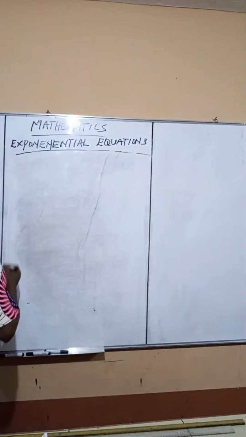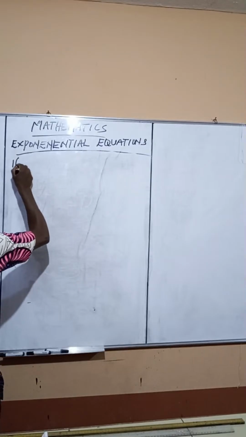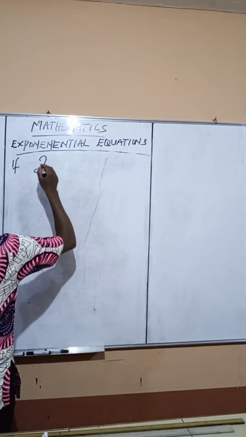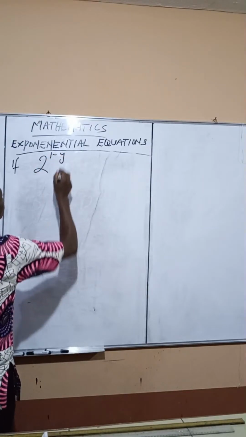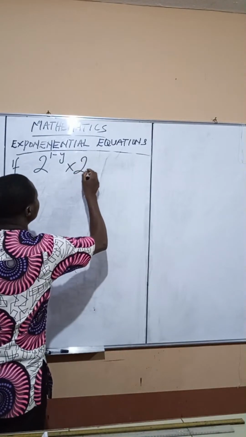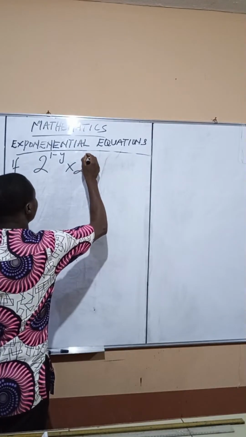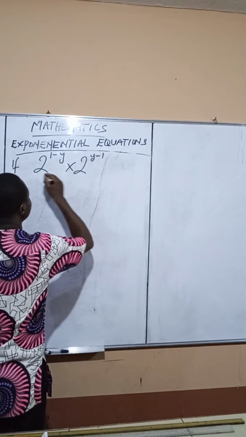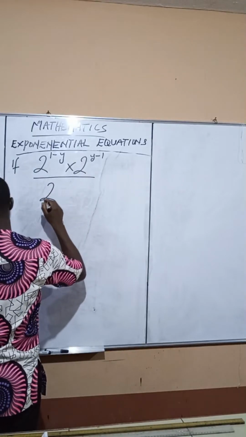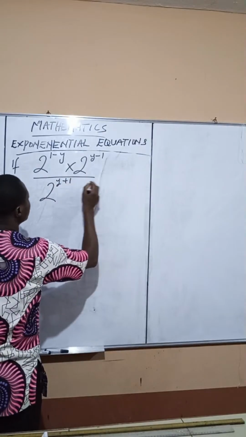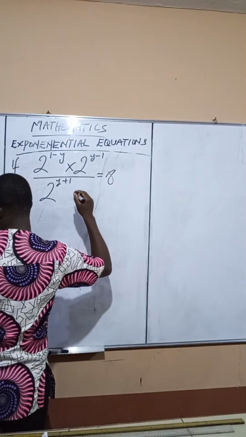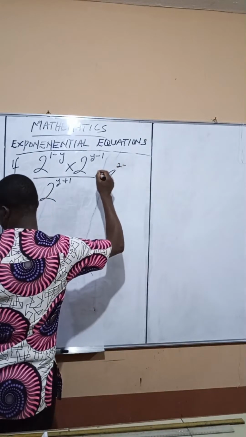We are given that if 2 raised to power 1 minus y times 2 raised to power y minus 1 divided by 2 raised to power y plus 1 is equal to 8 raised to power 2 minus 3y.